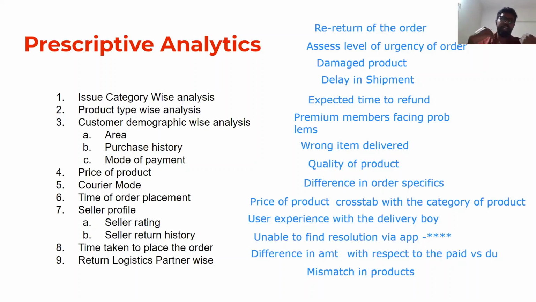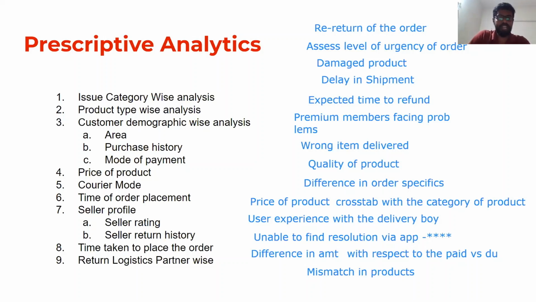Let's say for example that if the product is damaged, the chance of a customer calling back is 30%. Like in 30% of the cases the customers call back, right? Those are the kind of recommendations which you can end up giving. Second, product type wise analysis.